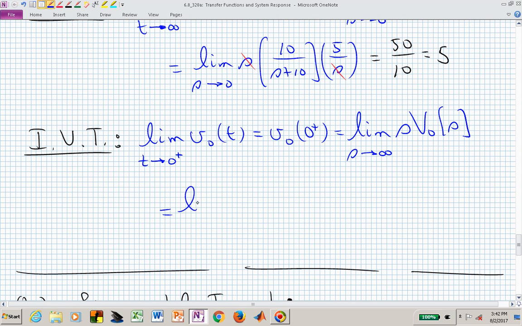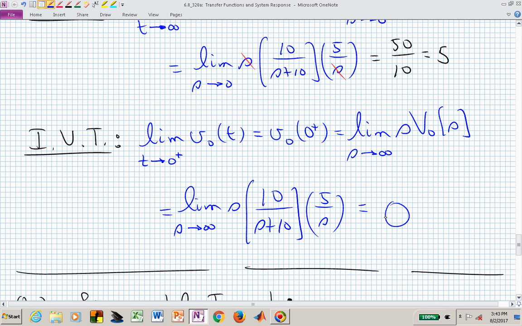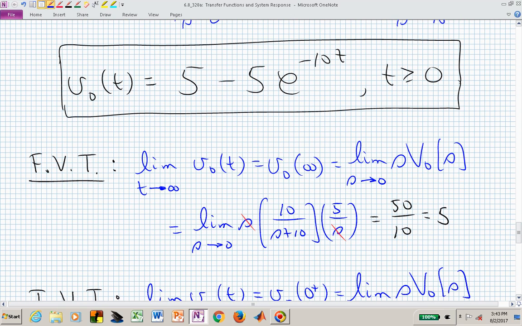But that's now just the limit as s goes to infinity of s times H of s, which is 10 over s plus 10, times v sub I of s, which is 5 over s. Now we have the limit of s over s squared, or basically 50 over s as s is going to infinity, that actually is going to 0, and that checks with what happens with v sub 0 of t when we substitute t equal to 0 into that expression.